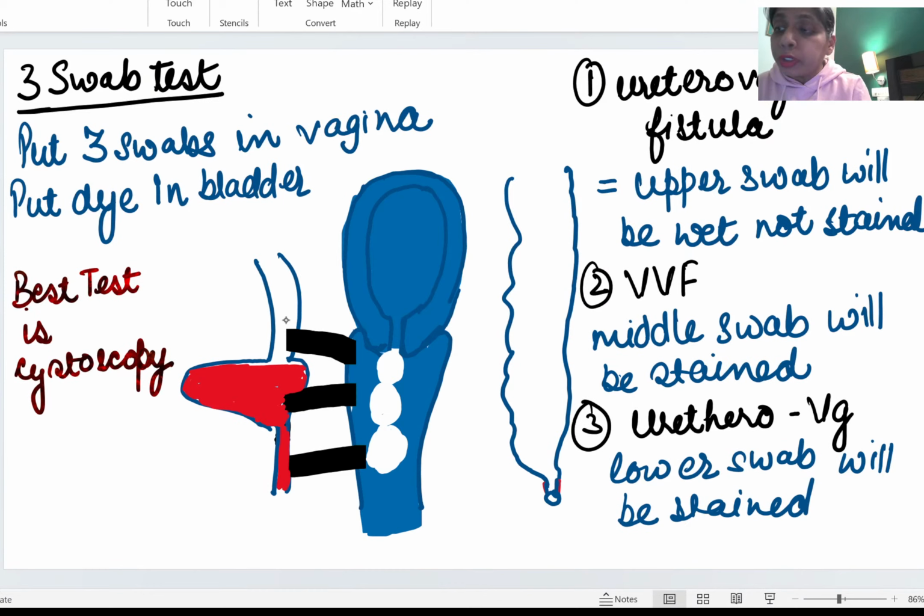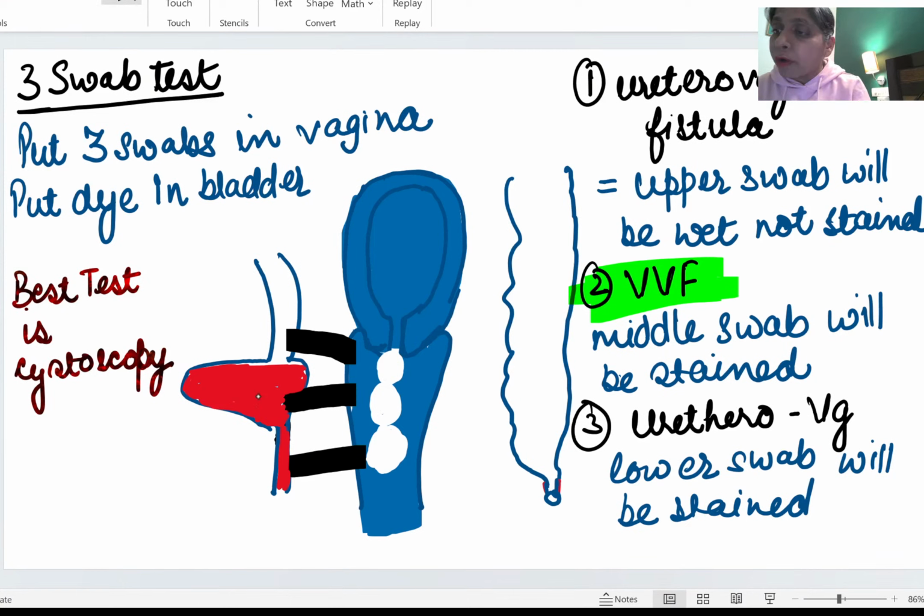So if there is a ureterovaginal fistula, then the upper swab will get wet, but it will not get stained. So if in the question it is written that the upper swab has got wet but not stained, where is the fistula? Then the answer is ureterovaginal fistula. In the case of vesicovaginal fistula, which is most commonly asked, the middle swab gets stained.